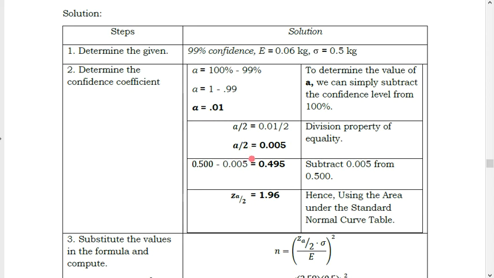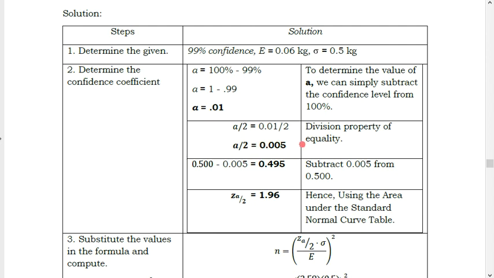So, divide lang natin because yung nakuha natin na 0.01 ay included na yung kabilang tail. So, kailangan natin i-divide siya para yung isang tail lang yung ating masukat. Okay? So, hinati mo na siya kasi dalawa yung kanyang tail end. So, ibig sabihin, ito ay doon sa isang tail end.